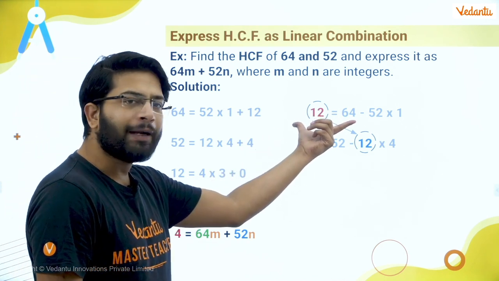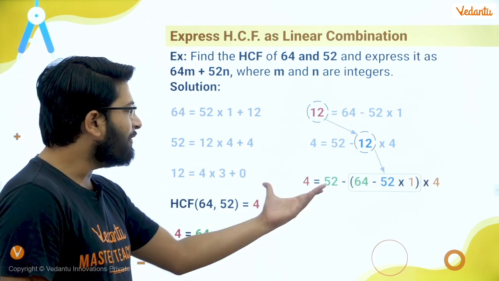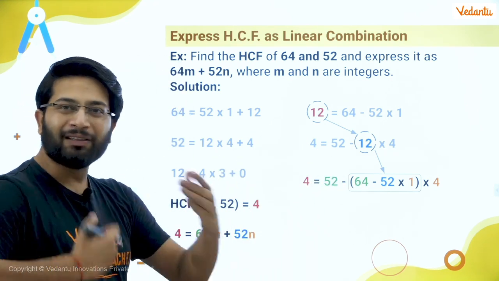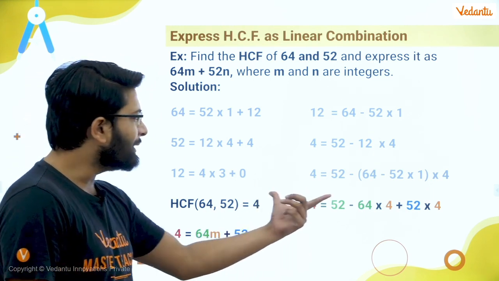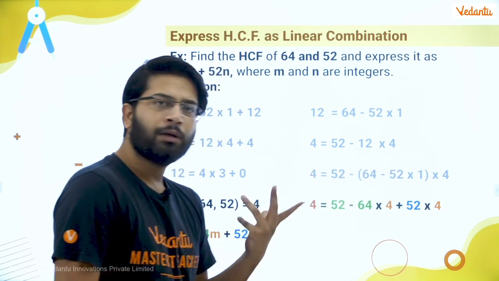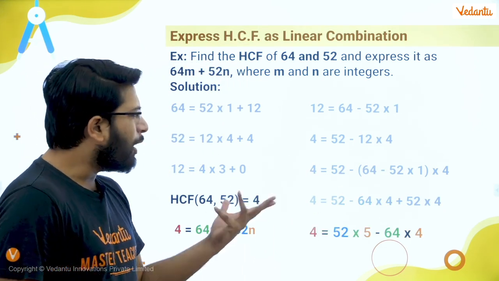See, now we are replacing the value of 12 in the second equation and I will get 4, 52 and 64 in one equation. Now simply rearrange. How to rearrange?